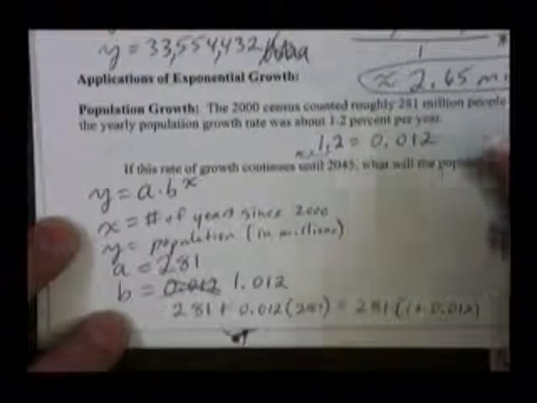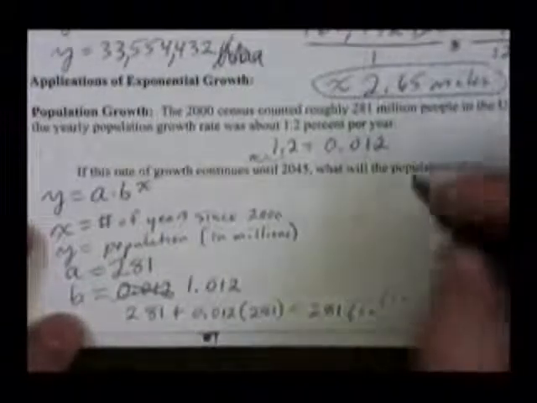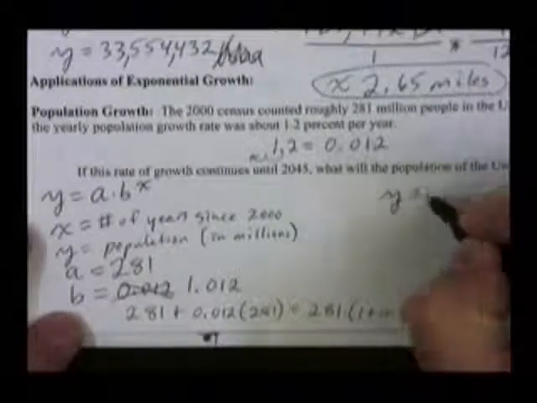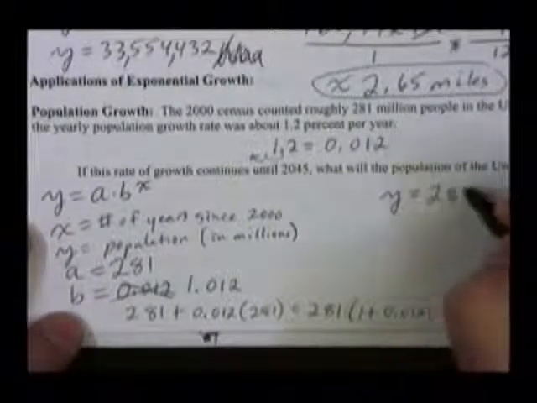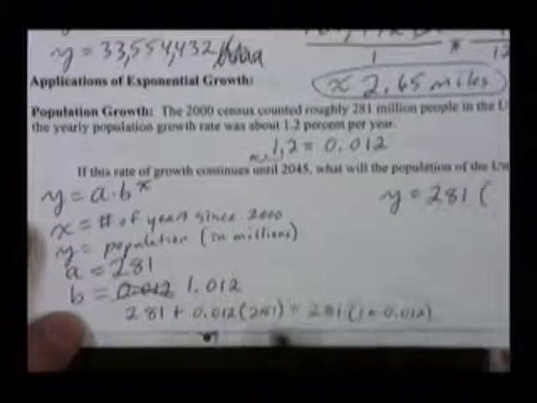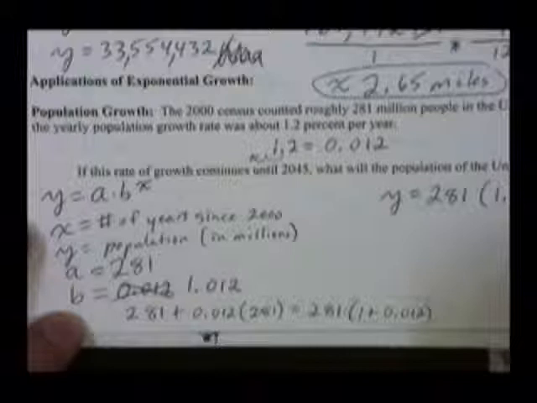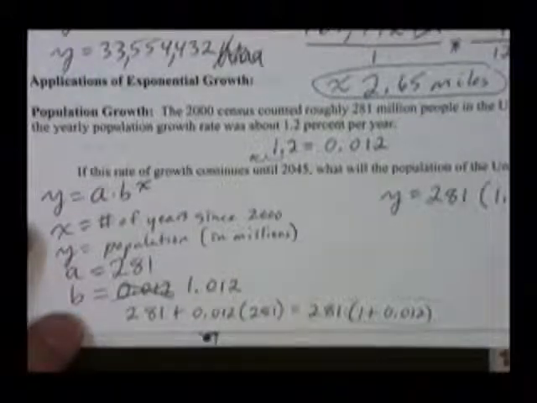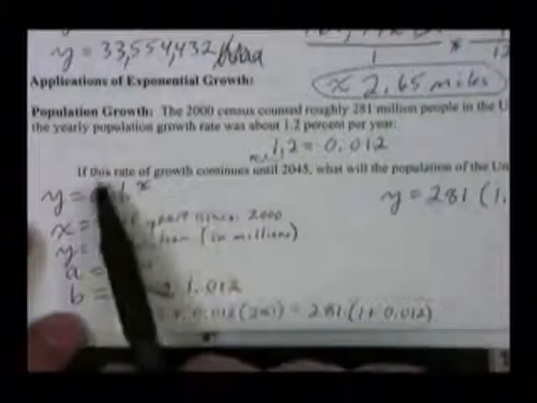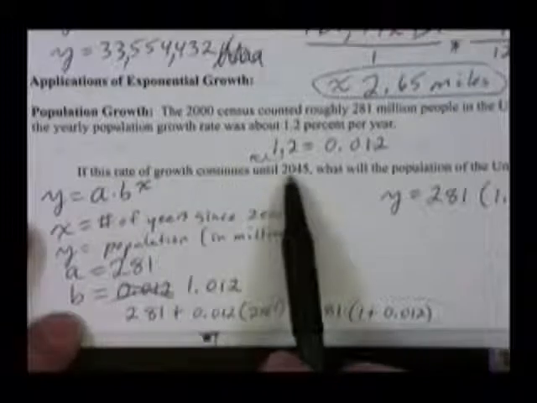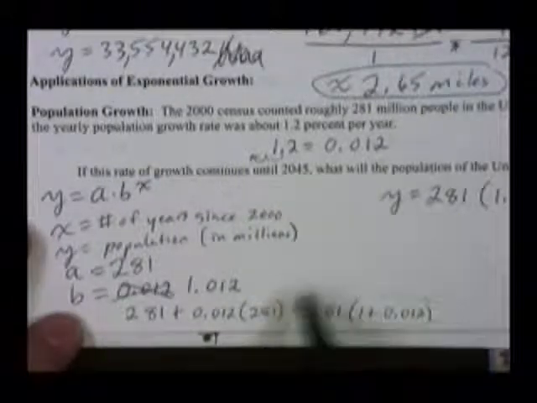So now I'm ready to write my equation. I get y is equal to my initial, which is 281, times my growth rate, which is 1.012, raised to my x. Now, remember, I wanted to know if this growth rate continues until 2045, what will the population be?